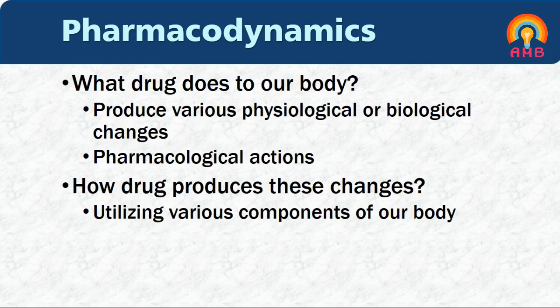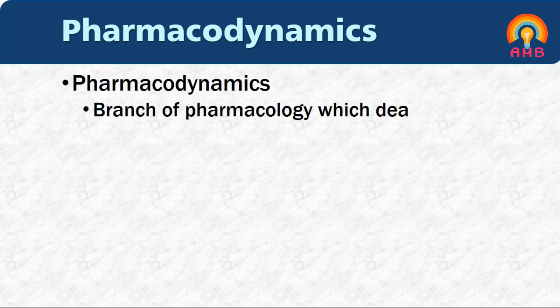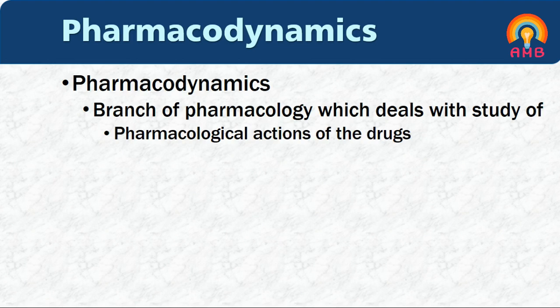And the way by which these effects are produced is called the mechanism of action of the drug. Thus, pharmacodynamics is the branch of pharmacology which deals with the study of pharmacological actions of drugs and their mechanism of action.